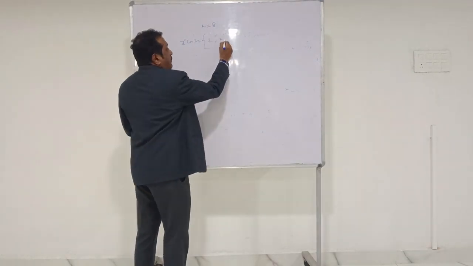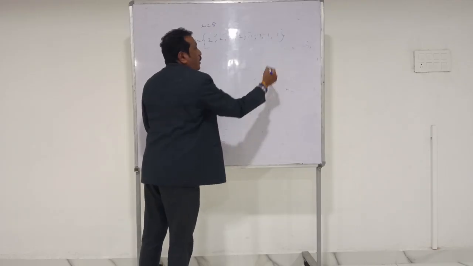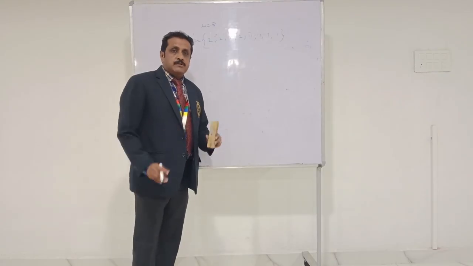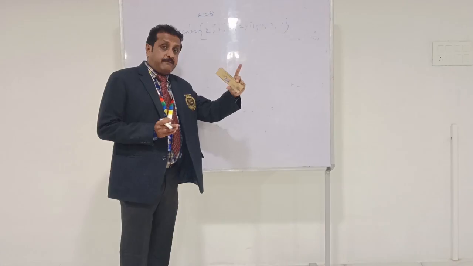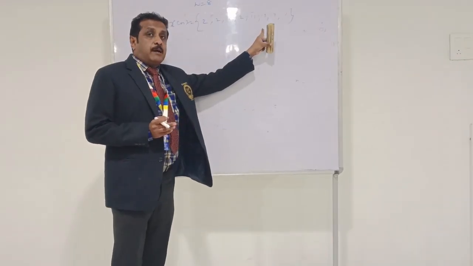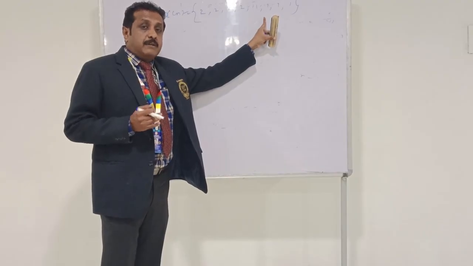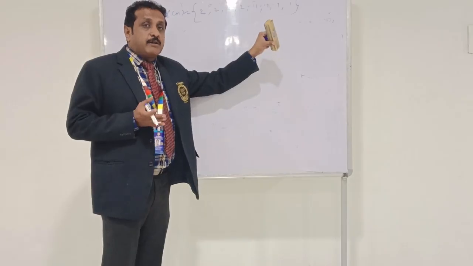For example, I am taking the input sequence 2, 1, 2, 1, 2, 1, 2, 1. So totally we will have 8 samples. Now we are going to apply the FFT algorithm. When you go for the DFT approach with the direct computation method, the summation limit is n from 0 to 7 and k ranges from 0 to 7. So that is time consuming.